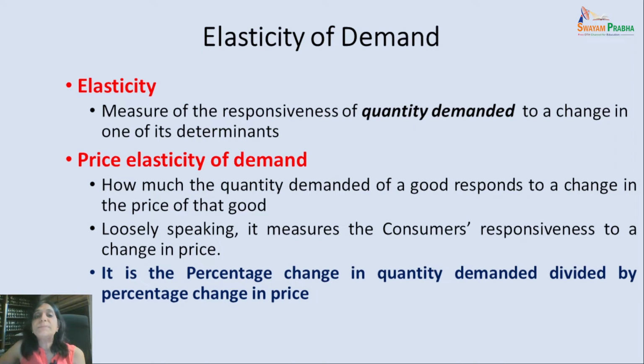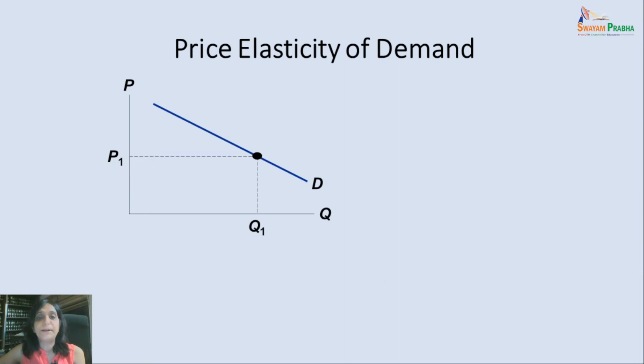So when we compare the percentage change in quantity demanded to the percentage change in price, we define it as elasticity of demand. So the focus here is how much the demand changes because there is a change in price. The impact of price and the response of the quantity demanded by the consumer due to the change in price is measured by elasticity of demand.